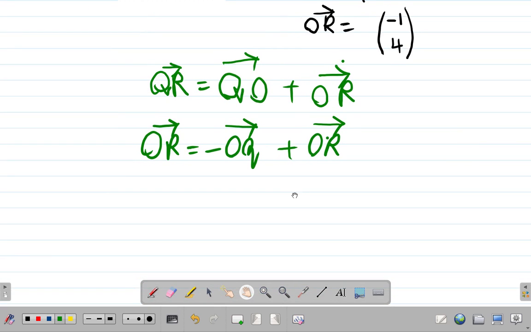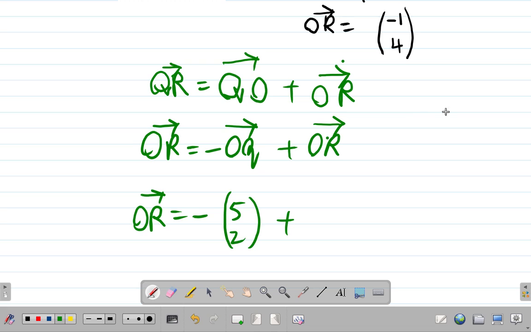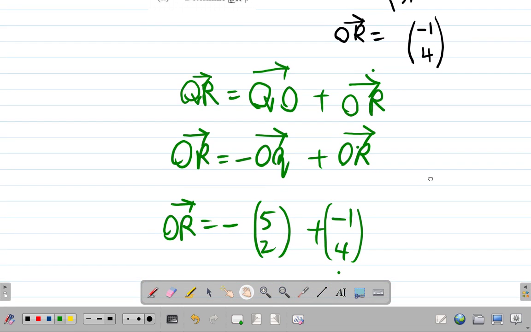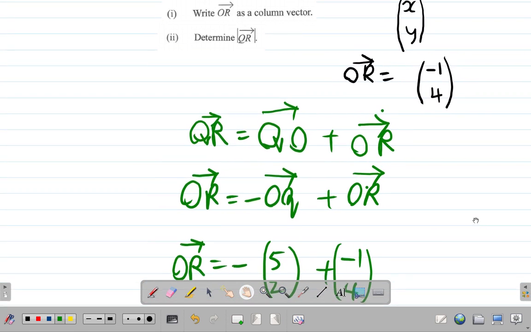So negative OQ is negative 5, negative 2. So QR is equal to negative 5, negative 2 plus OR. What is OR? We have it up here. OR is negative 1, 4. Ensure you understand. I want you to concentrate. Take the time to concentrate and understand exactly what's happening here.